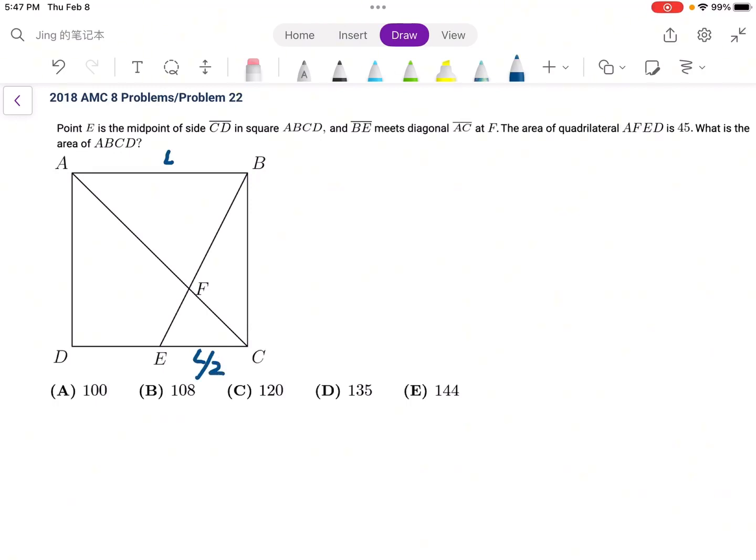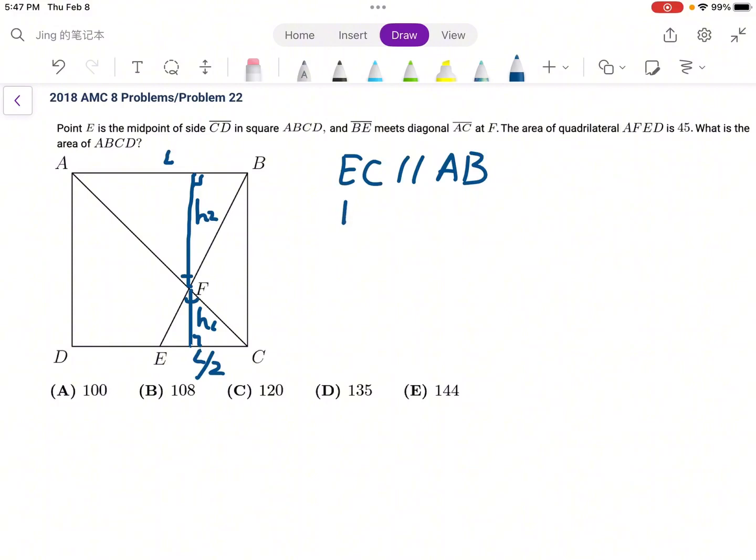And because these two angles are the same and EC is parallel to AB, therefore, if we draw a line from F that's vertical to EC and assume this is H1, and also a line from F that's perpendicular to AB, that's triangle ABF's height, and we assume that's H2.